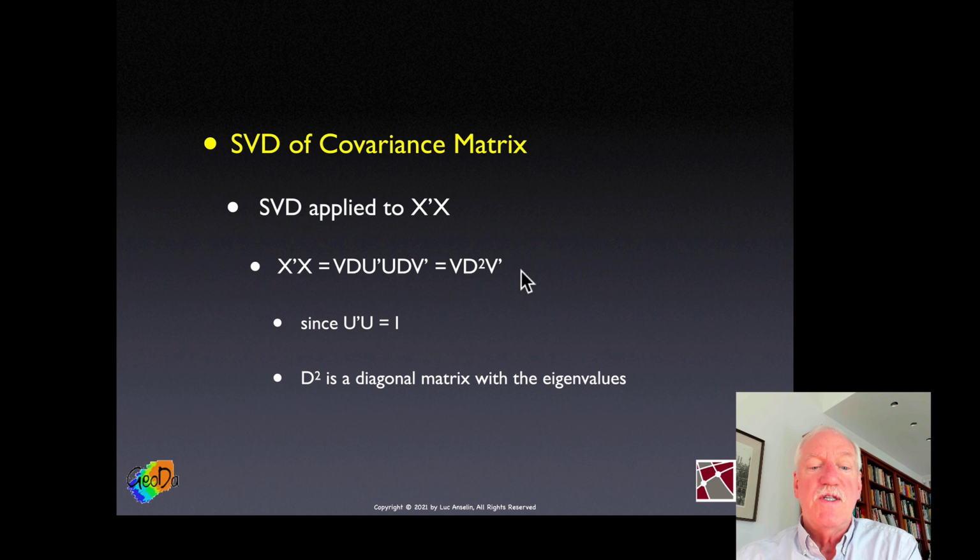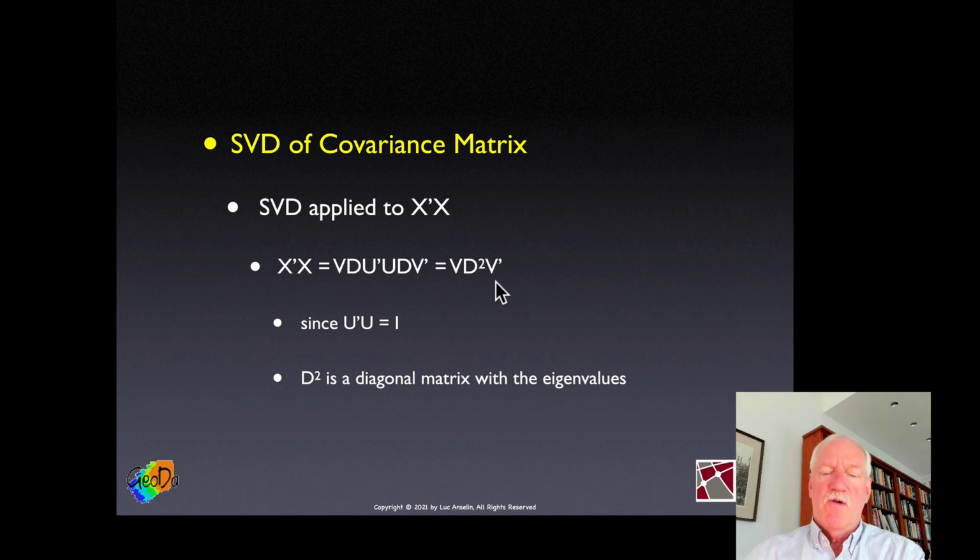So this is an alternative way of getting the spectral decomposition of X prime X. And there are some numerical reasons to prefer the singular value decomposition to the original spectral decomposition, which is based on the eigenvalues.